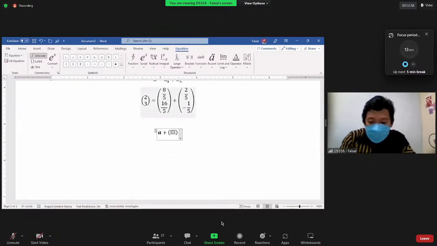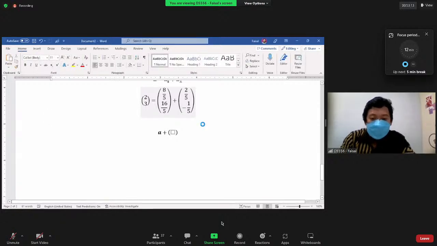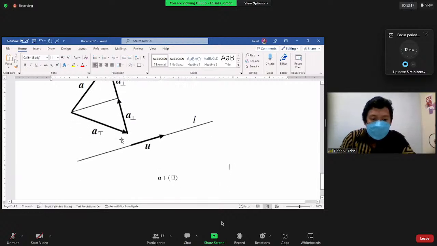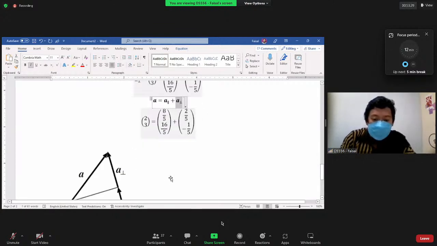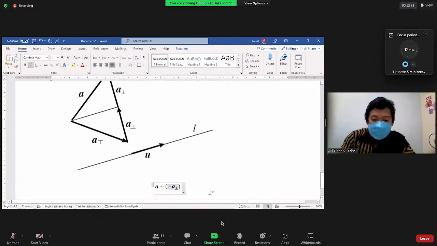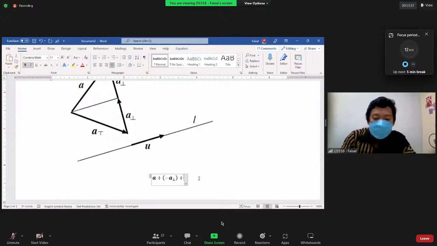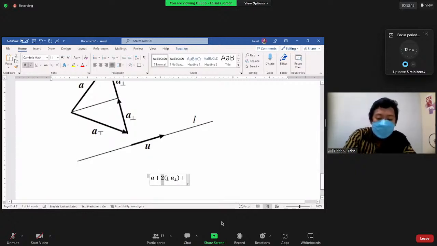So the reflection of A is A plus the opposite of the rejection, which is minus this one, plus minus this one, or plus 2 times the opposite of the rejection.